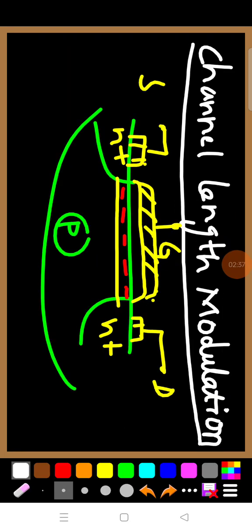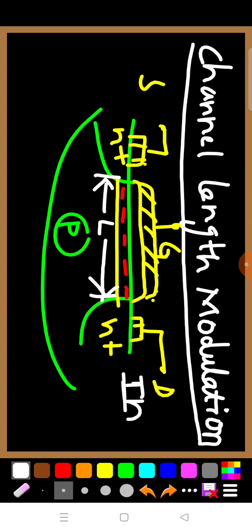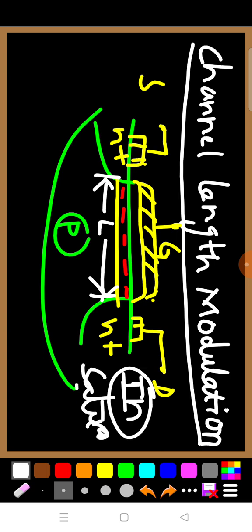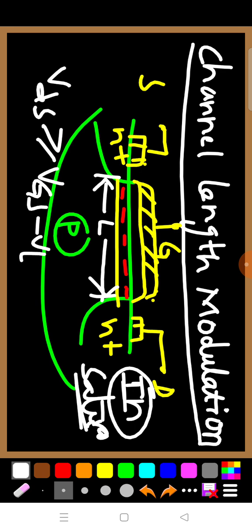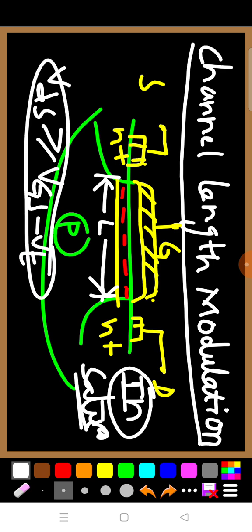Now we know that after formation of the channel, L is the length of the channel. But in the saturation region, when the drain source voltage is equal to or greater than the effective gate voltage, the channel is going to be pinched off.